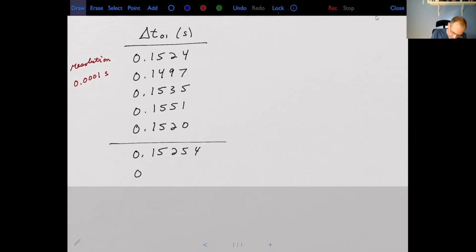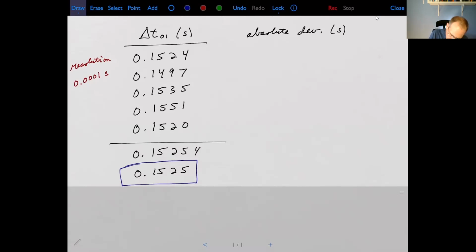So we're going to round it to 0.1525, since the 4 is less than 5, I round down, I just chop off the 4. So that's my average delta T01, the average time of the first 15 centimeters. Okay, the next step, remember, I have to create the second column of absolute deviations.